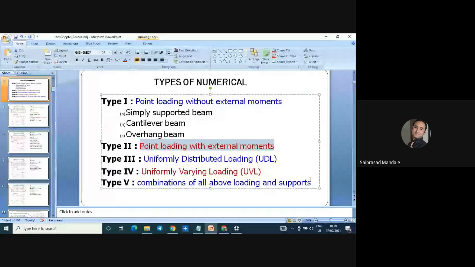You can take a simply supported beam, plot the points, give a loading, give distances between them, whatever you wish. You can give any moment, and you have to solve two numericals as assignment. Everybody has to do this.